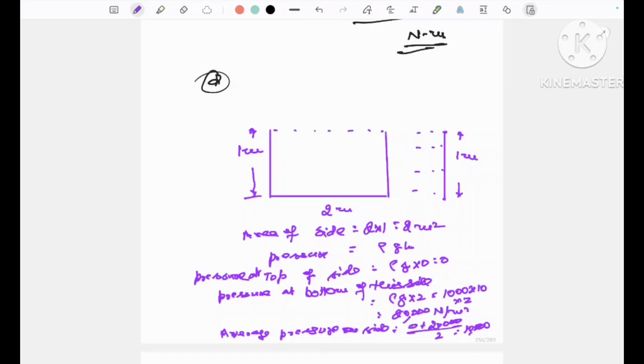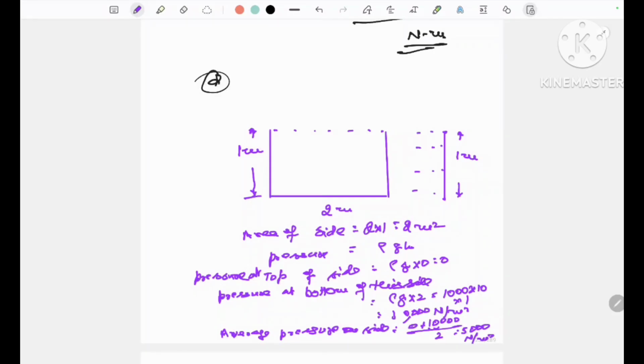एवरेज प्रेशर है 5,000 Newton per meter square.